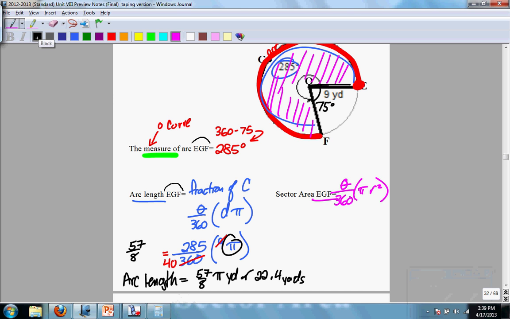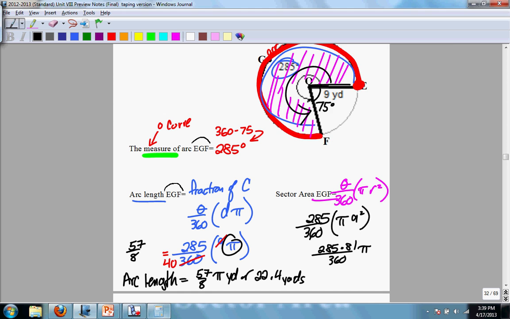So for this, our theta is, again, going this way, 285. 285 over 360 times pi 9 squared. So I end up with 285 times 81 over 360 times pi.